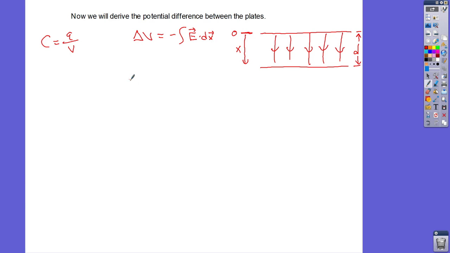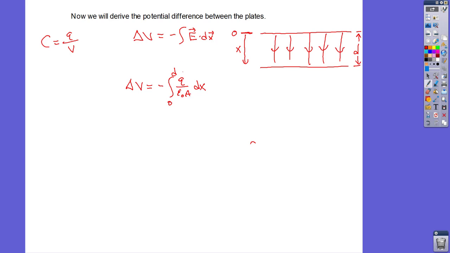Okay, so our potential difference is equal to minus the integral. E, we just saw, is equal to Q over epsilon naught A, and dx. Now we need our limits of integration. Well, x goes from 0 to d, so that's pretty simple.